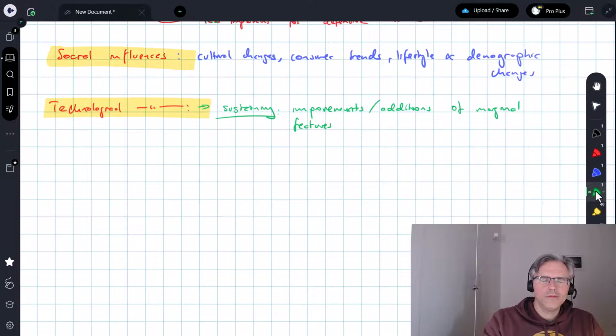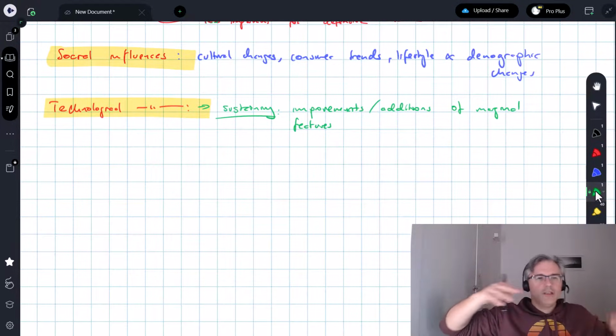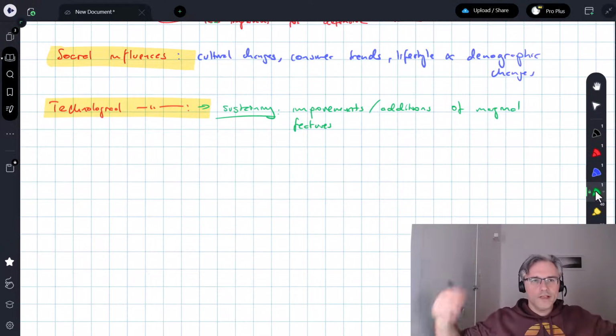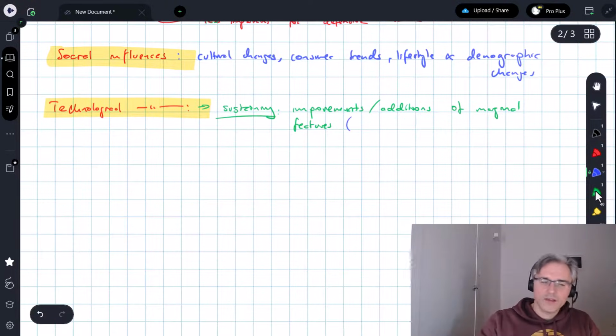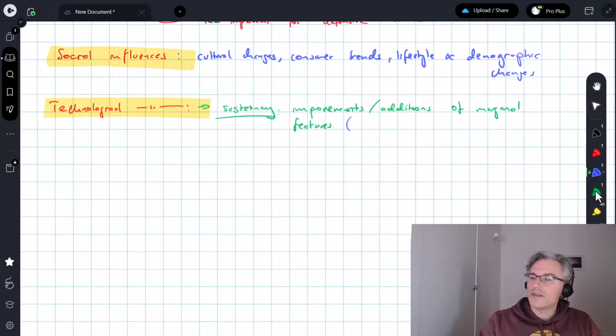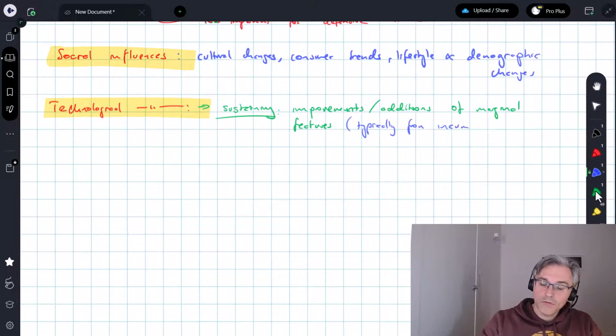So we can make a TV with an even higher resolution or refresh rate or whatever. And this kind of change or this kind of advancement typically comes from the incumbents, so the companies already present in the industry.